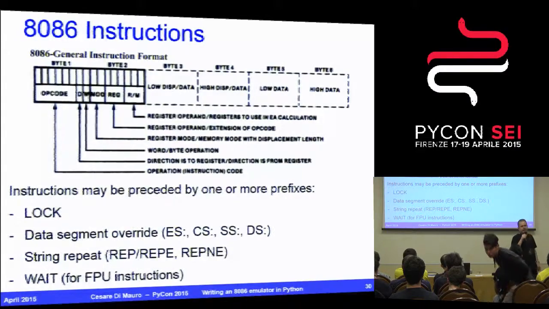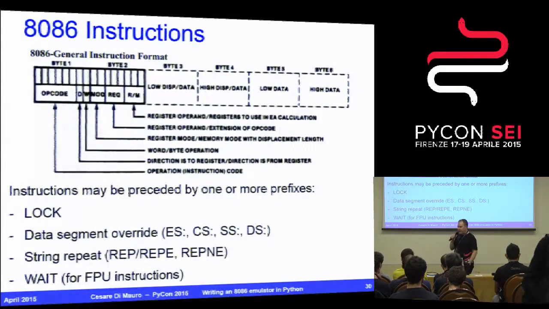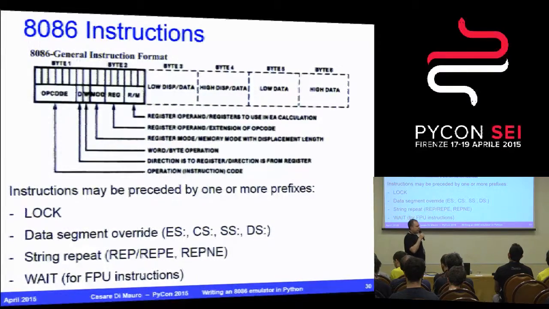After that, every instruction can be prefixed by a certain number of so-called prefixes. The prefixes are used to change the behavior of the subsequent instruction in some way. There's the lock prefix for locking the memory access in a multiprocessor environment. There are some data segment overrides, which means I don't want to use the usual DS segment for accessing data memory, but, for example, CS, ES, and so on.